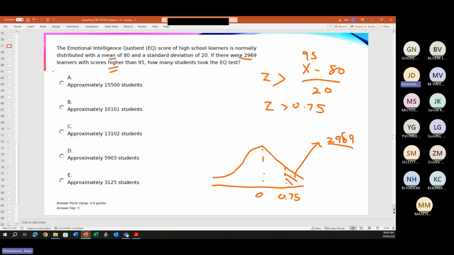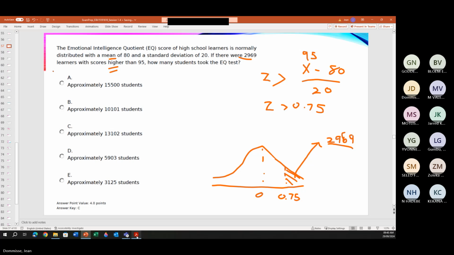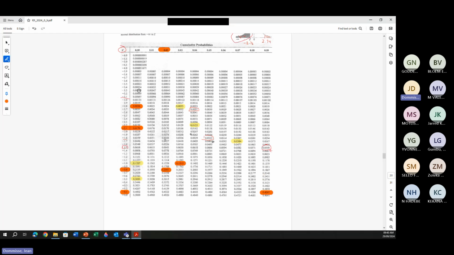We need to then check on the table what that proportion or probability is. So I would go to the negative table, get 0.75 and see what the probability is. 0.75, let's just check.